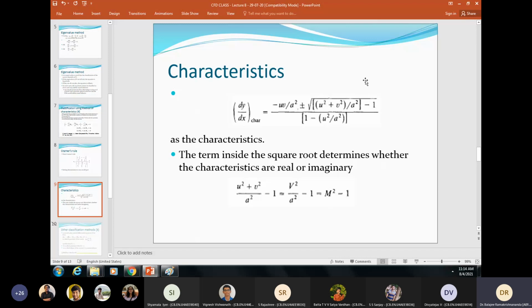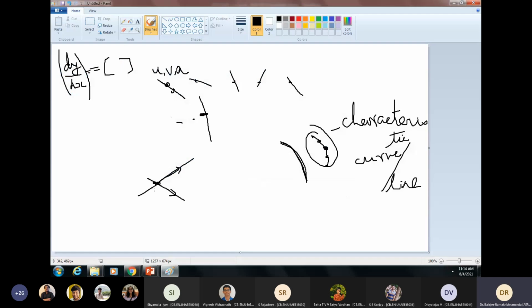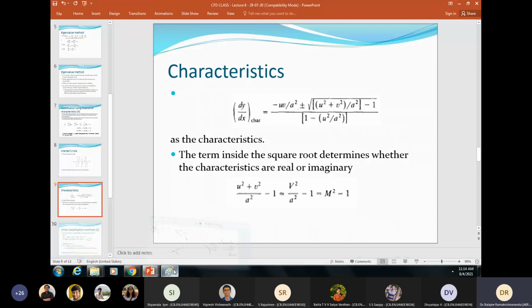When the flow is sonic, that is M is equal to 1, the term inside the square root becomes 0, so you get only one root. There is only one direction along which this is valid. So there can be two directions, but in that case, there is only one direction. In that case, we call the equation parabolic. When Mach number is less than 1, it is elliptic, where no characteristics exist.